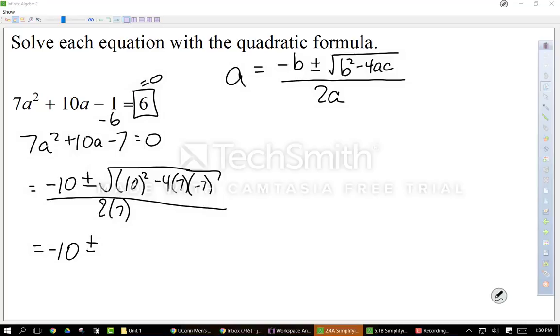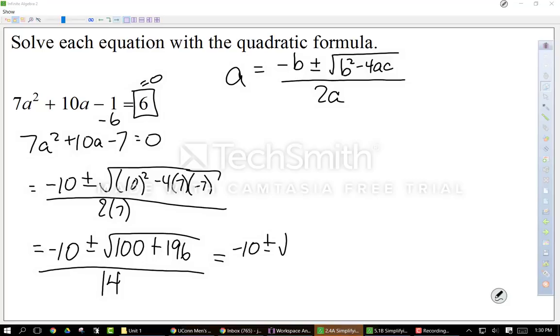Let's start simplifying a little bit. Negative 10 plus or minus the square root of 100 plus 196. 4 times 7 times 7, and then 2 negatives make a positive. Divide by 14. So what happens is I get negative 10 plus or minus the square root of 296 over 14.